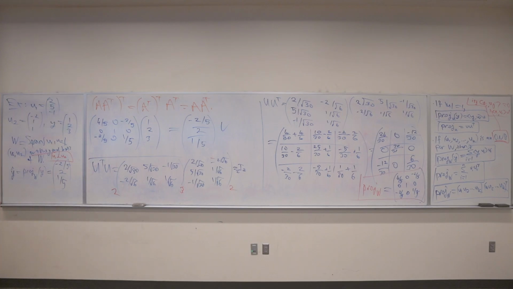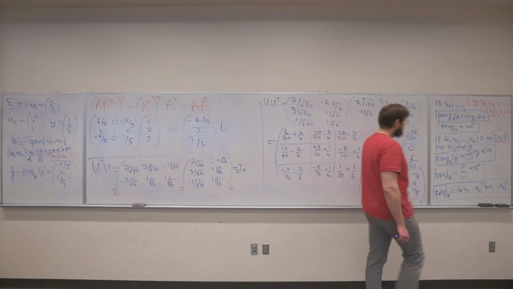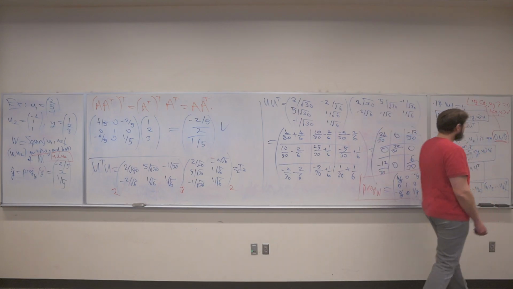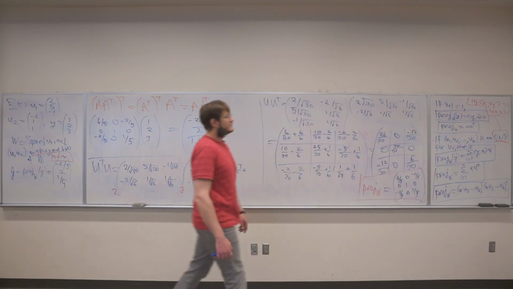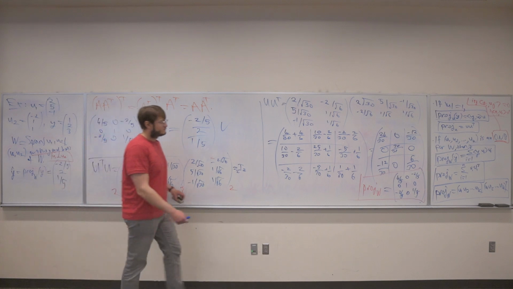Okay. Now we can start talking about the main topic of this week, which is how do you even get an ONB? Well, you use this thing called the Gram-Schmidt algorithm, but it's not anything different than what we've done so far. Here's the idea.